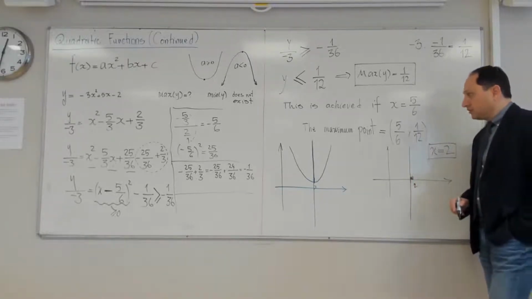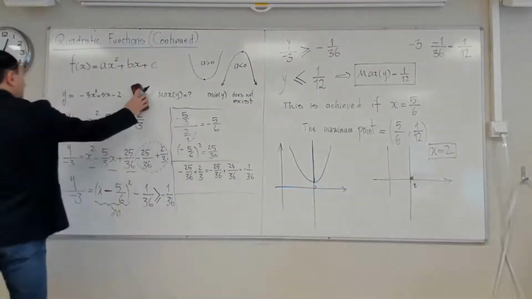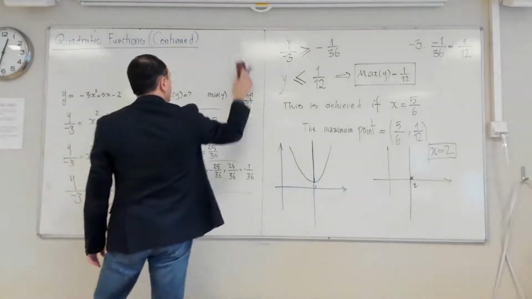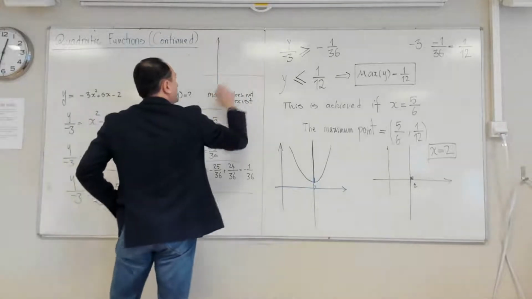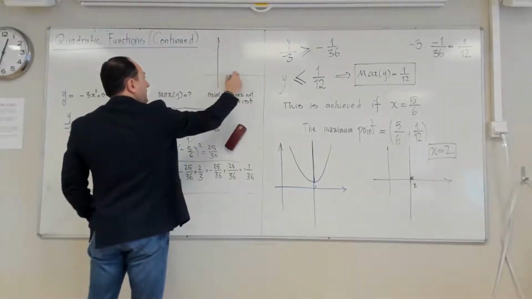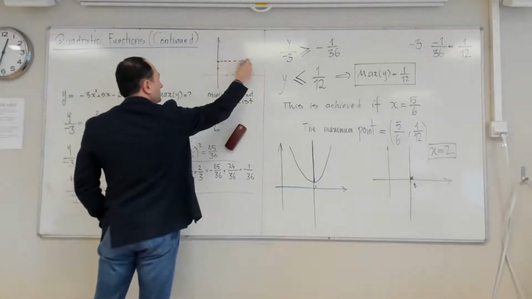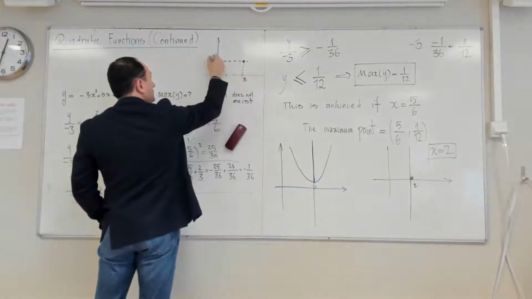For example, let me clean this a little bit here. If I ask this question, I give you a point here, for example, a point with x coordinate equal to 3 and y coordinate equal to 2. This is the point (3, 2).